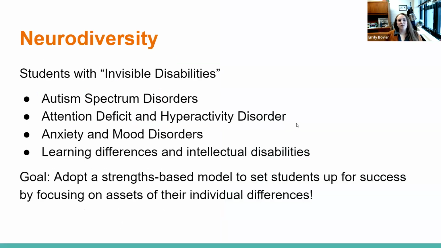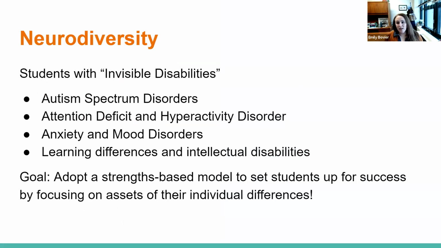So in general, this term of neurodiversity is becoming much more well-known over the last few years. Essentially, when we are talking about our students at SUNY Oswego, we're talking about students with invisible disabilities. Two of the more well-known conditions that fall under this blanket of neurodiversity are autism spectrum disorders and attention deficit and hyperactivity disorder.